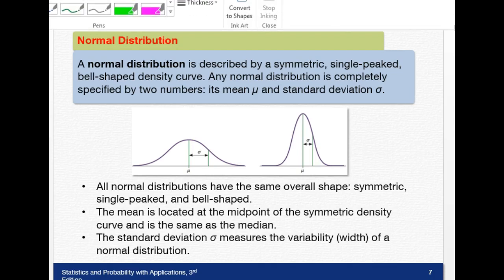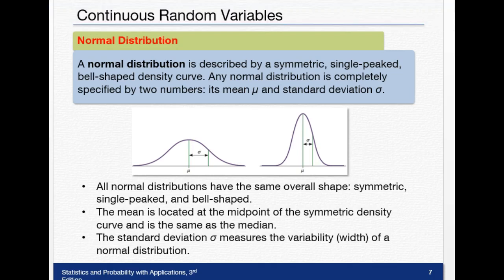Now, a normal distribution is described by a symmetric, single-peaked, bell-shaped density curve. Both of these are normal. Any normal distribution is completely specified by two numbers. We describe it by the mean and its standard deviation. So all normal distributions have the same overall shape. They're symmetric, single-peaked, and bell-shaped.